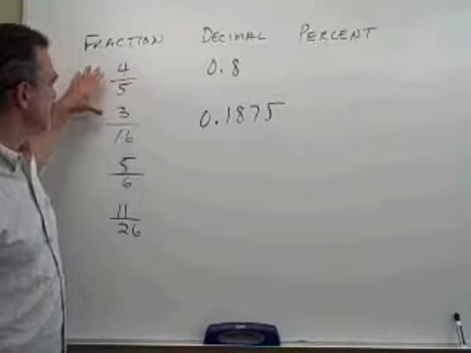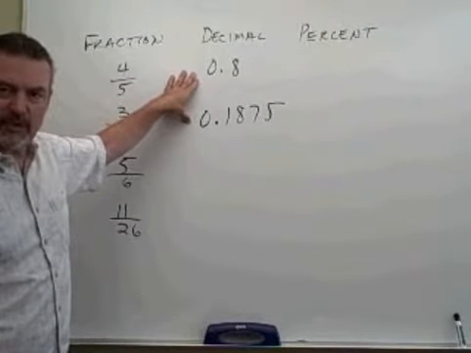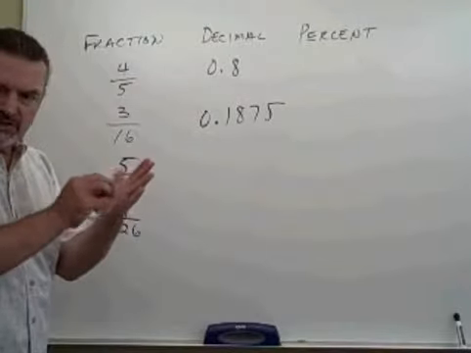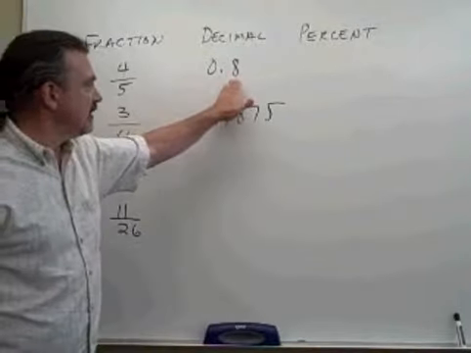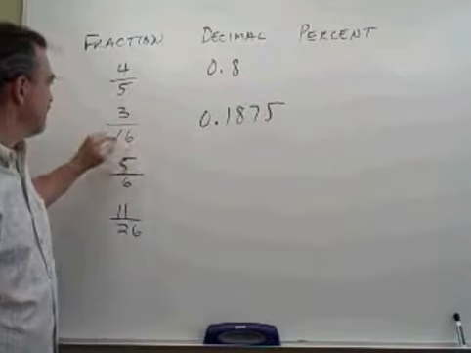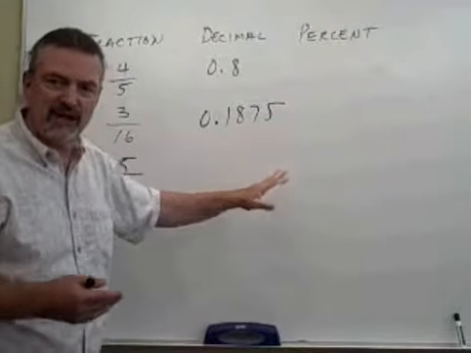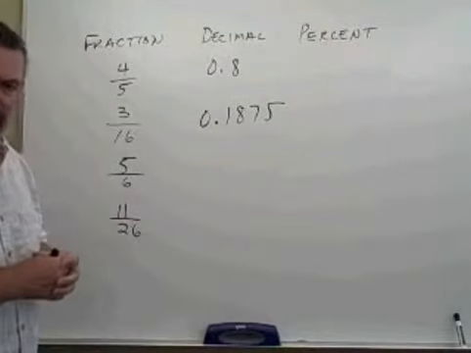So there's a place where those two forms occur. Both of these fractions have an exact decimal equivalence. When we do the division with our calculator, it terminates after the 8. There are no more digits after the 8. 3/16, when we convert that to a decimal, it terminates after the 5. There are no more digits after the 5.